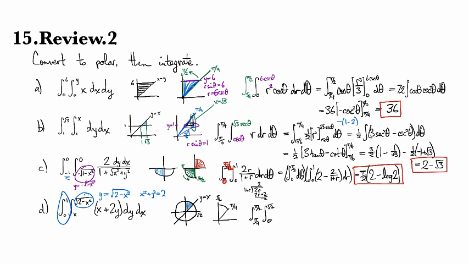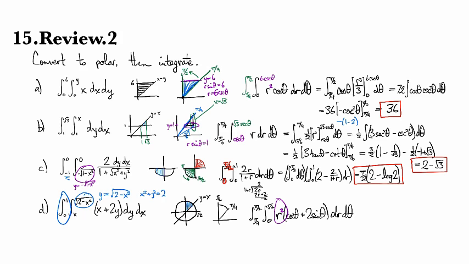And then we've got some chunky integrand, which, when I put x equal to r cosine theta and y equal to r sine theta, each term has a coefficient of r, so I can pull that out in front. And so then I have cosine theta plus 2 sine theta, dr d theta, and there's an r for the Jacobian, and I'll just put that on top of the r that I already have.